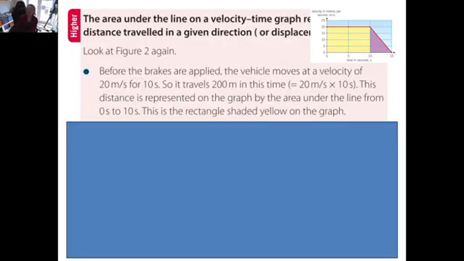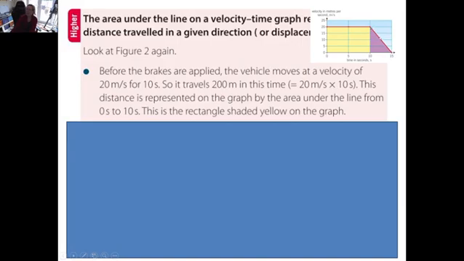Quite similarly, if we look at the yellow section first, here the object is moving at a constant speed of 20 meters per second, and it did that for 10 seconds. So if we look at the area under the graph, we will see that that is 20 times 10, so the distance covered was 200 meters.